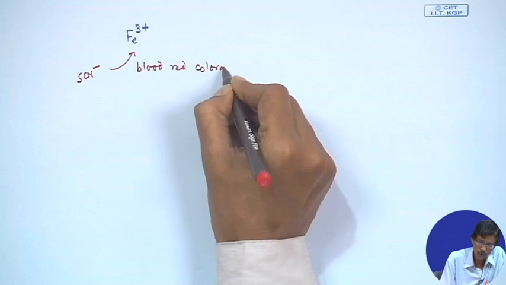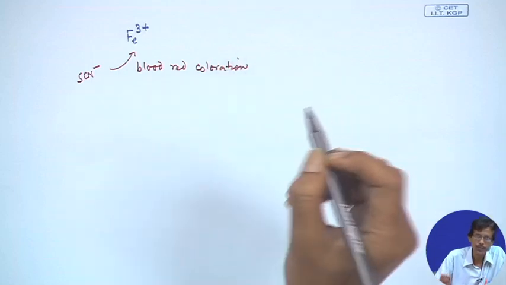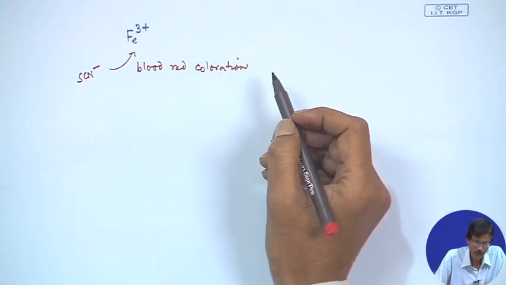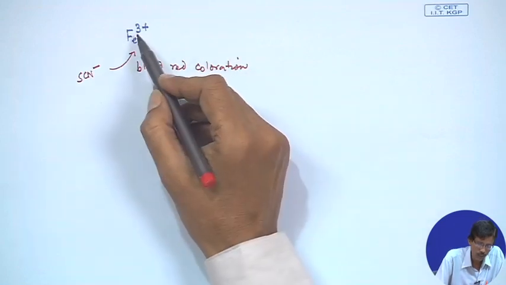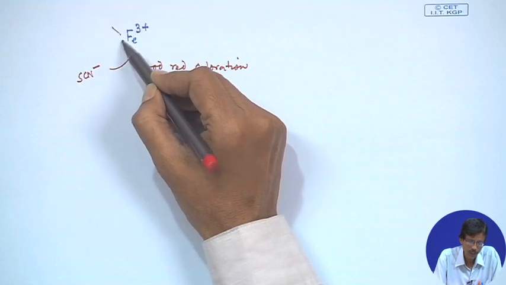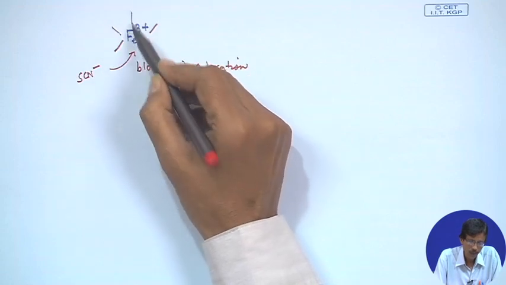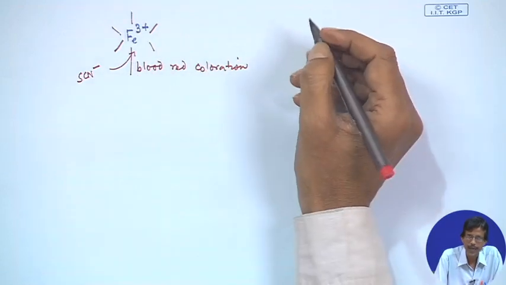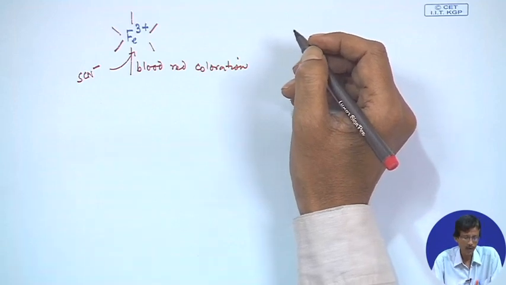So, how is that blood red coloration forming? The thiocyanate can be considered as the ligand, because it is substituting one of the 6 water molecules surrounding the ferric ion in the hexaaqua Fe3+ ion.